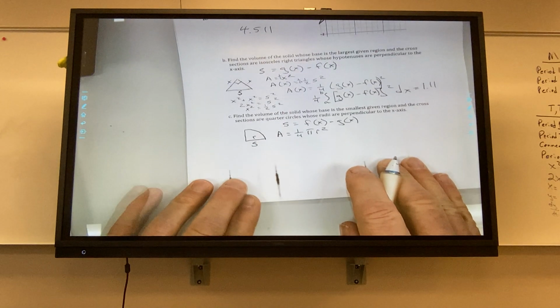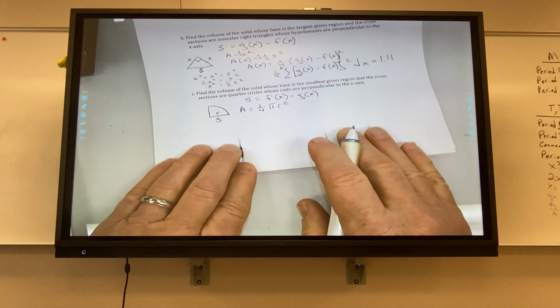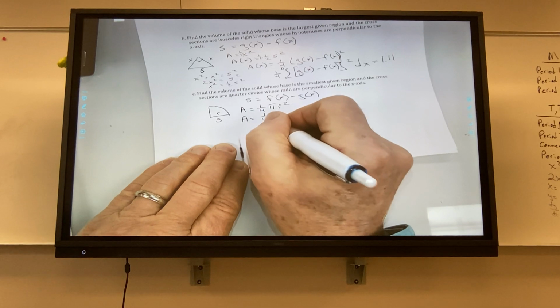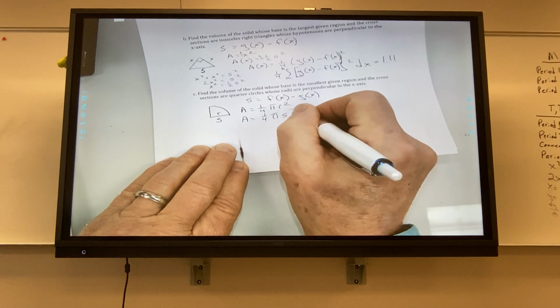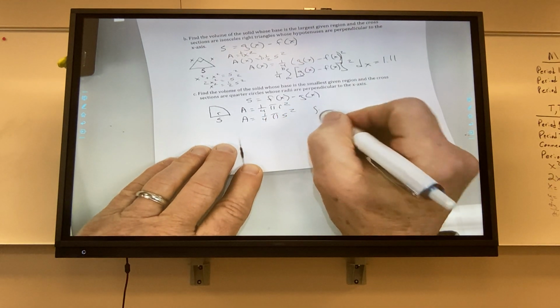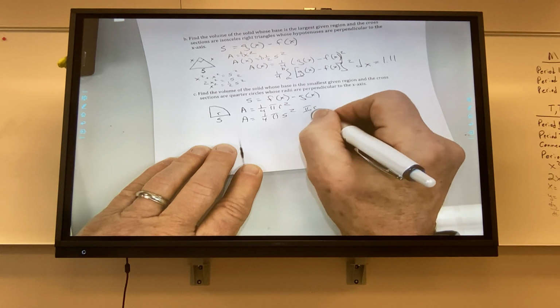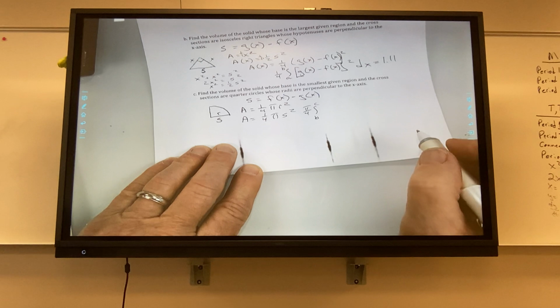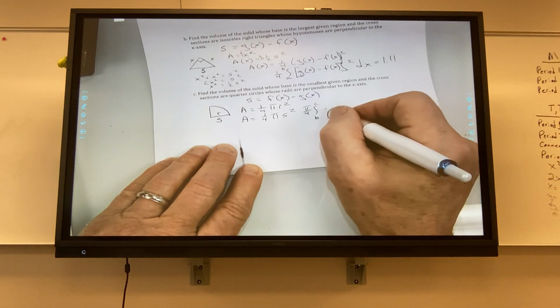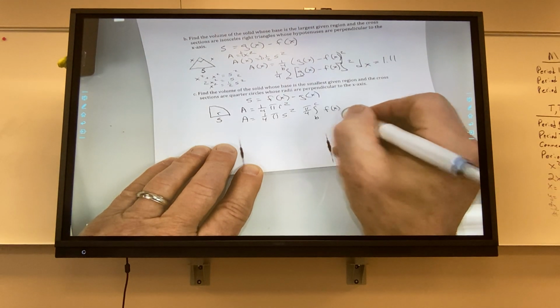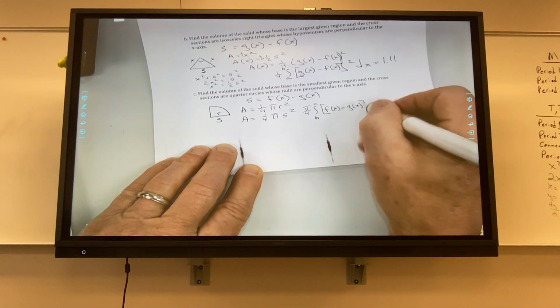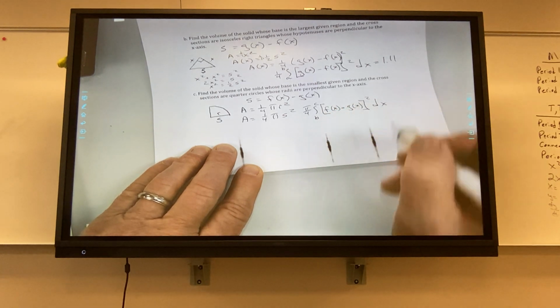Is that better? So I said A is equal to 1/4 pi s squared. So my integral is going to be pi over 4, this time from B to C of f of x minus g of x squared dx.